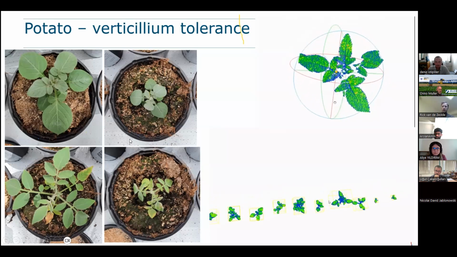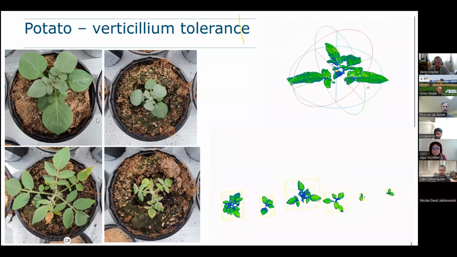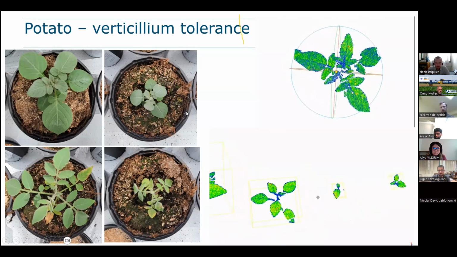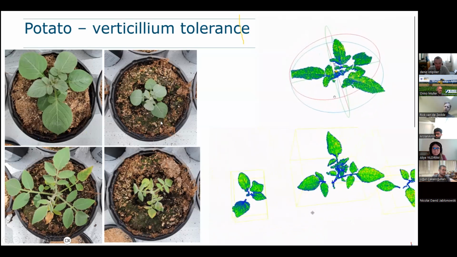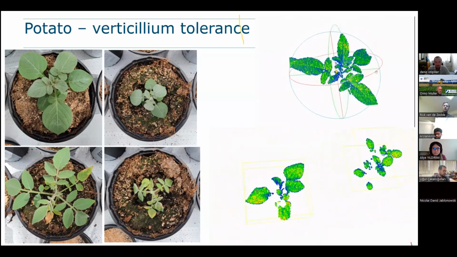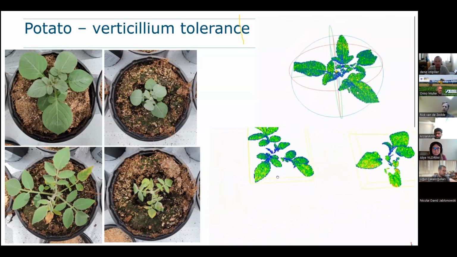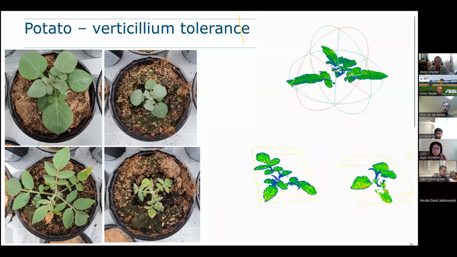We know that the roots are interacting with the fungi, but you can see from a shoot perspective that the plants don't turn pale, or they don't turn weak, although this one might turn a bit pale, but the fungi is blocking the development of the plant. So the growth curve is flat. It's not completely flat, but it's very flat compared to the control table where the growth curve is quite steep.